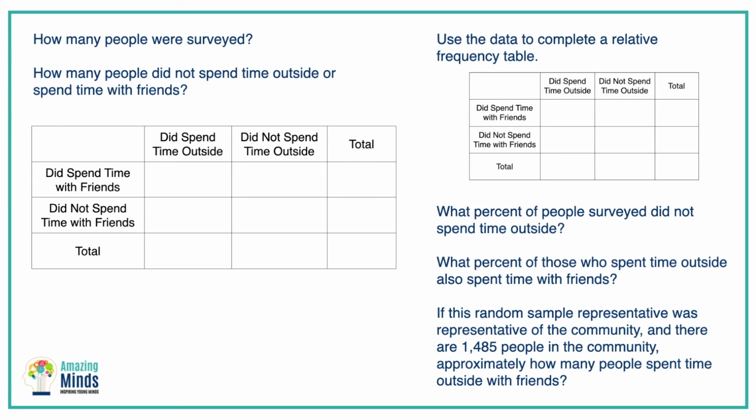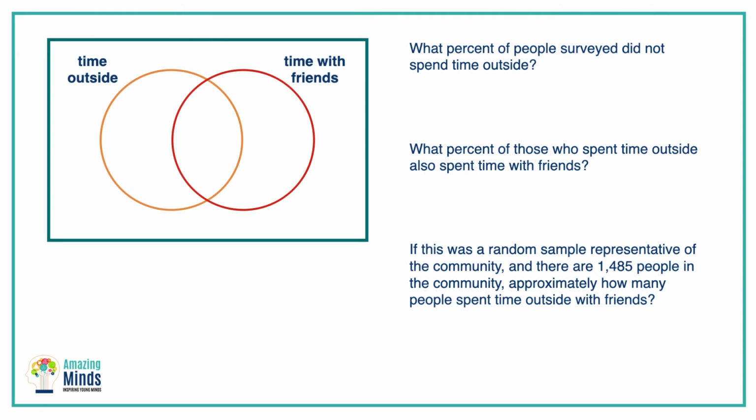And then you could do something where they apply it to a larger group. So if this random sample was representative of the community and there were this many people in the community, how many people would you expect to have done this? You can ask some different questions. When you go to download the Google Slides, I also have just the percentage questions on one page.